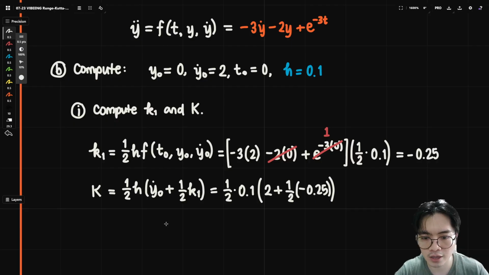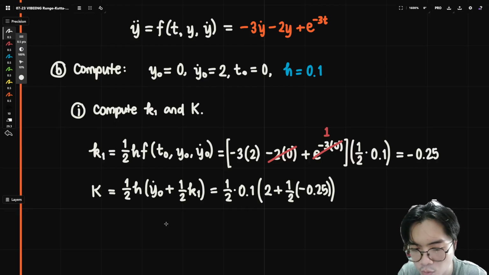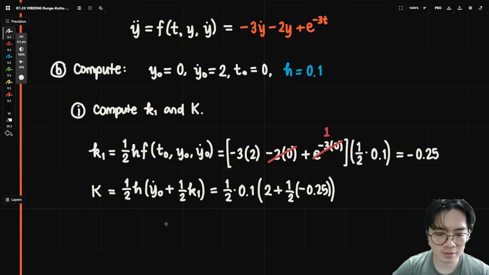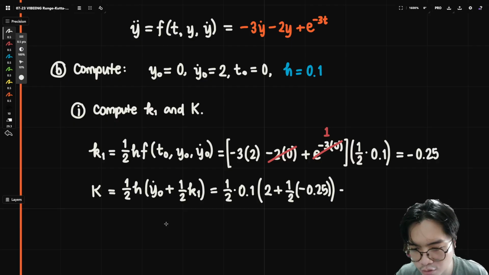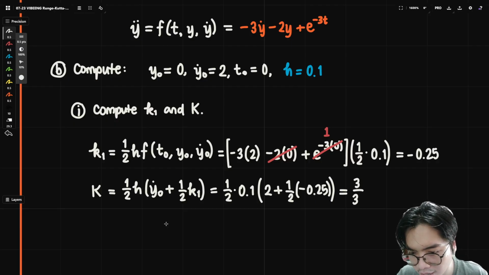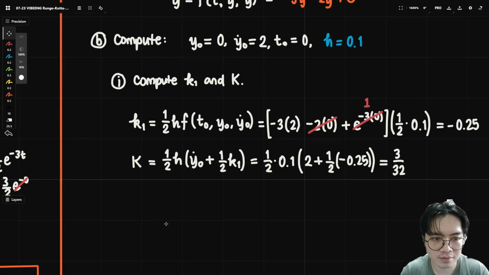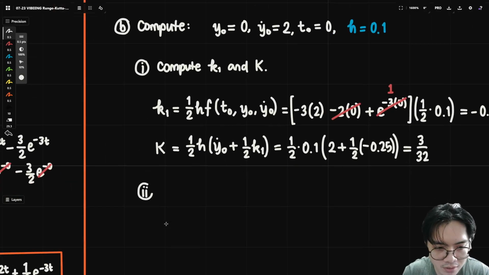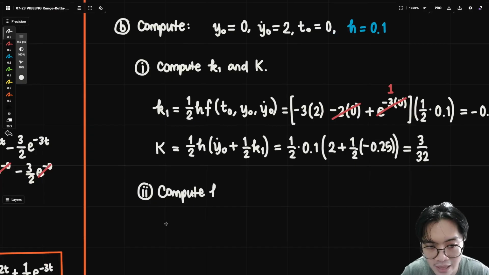Okay, now we continue. 1 half times 0.1 times 2 plus 1 half times negative 0.25. We will have 3 over 32, according to the calculator.